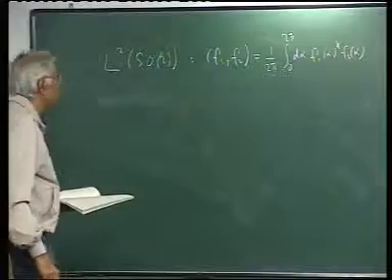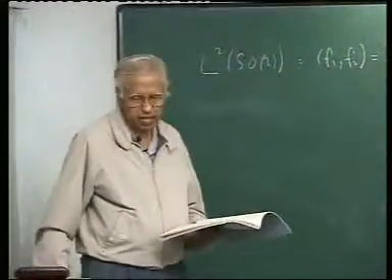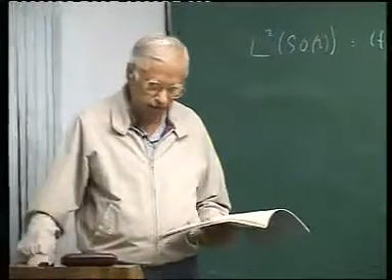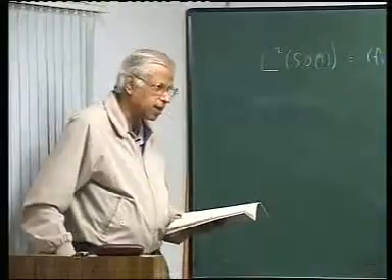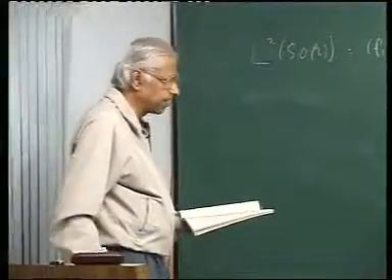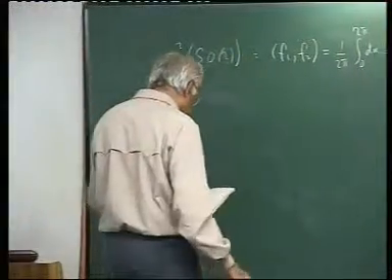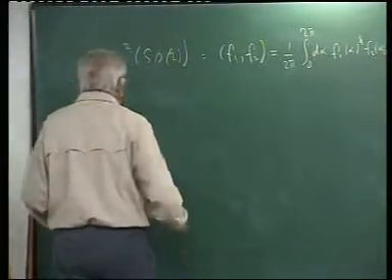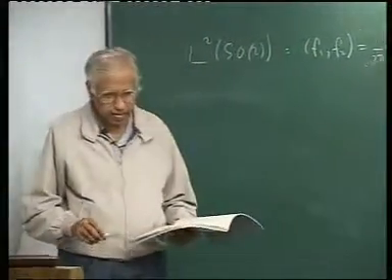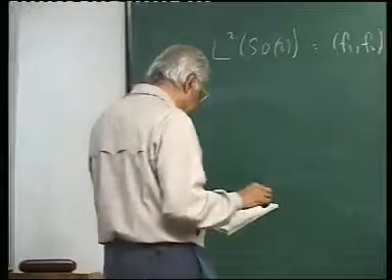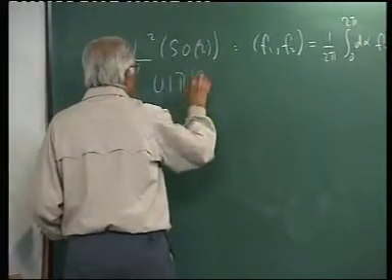Yesterday I also told you how the left regular representation acts on functions in this Hilbert space, and the left regular representation and right regular representation coincide because it's an abelian group. Again, because it is abelian, the irreducible unitary representations are one-dimensional, and you know how they are described.